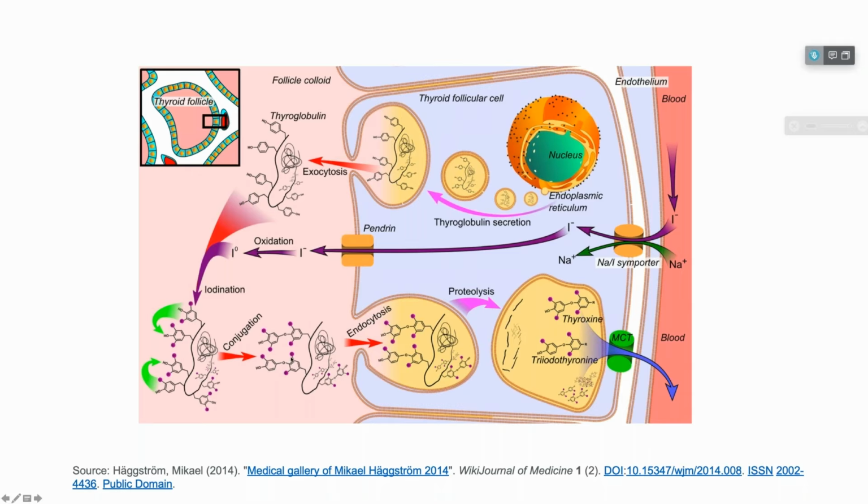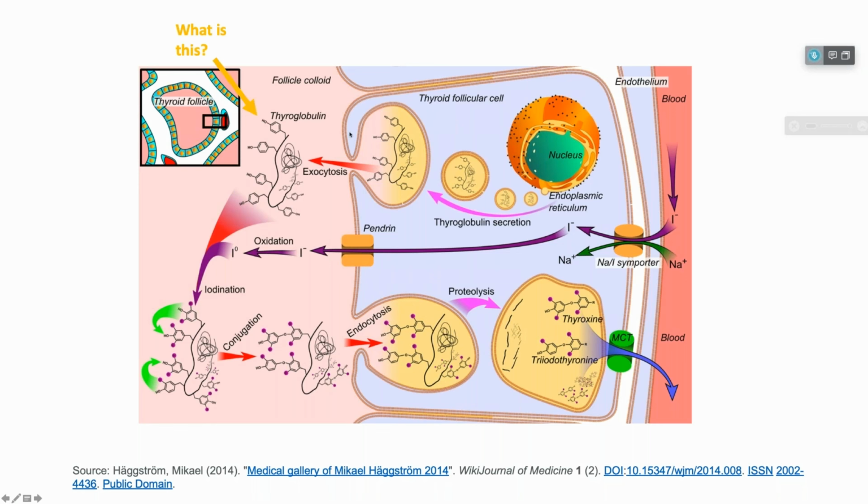So this is T3, right? 1, 2, 3. Thyroid hormone is actually really simple. Again, it's just iodine and tyrosine. It's pretty crazy. And so then it goes back. What's not pictured here is TSH, which, when it stimulates the cell, it endocytoses this, and then you proteolyze, you cleave the thyroglobulin, and then you release the T3 and the T4.